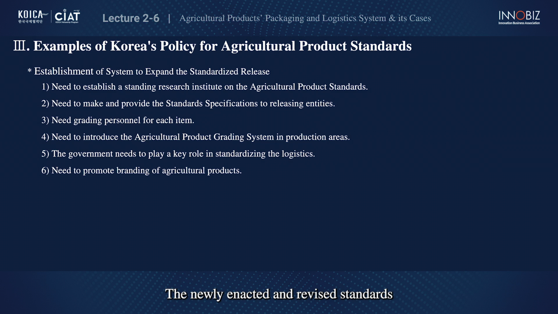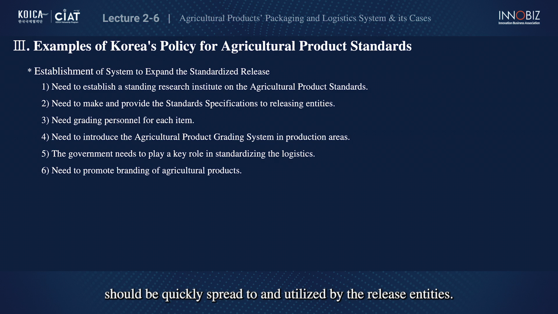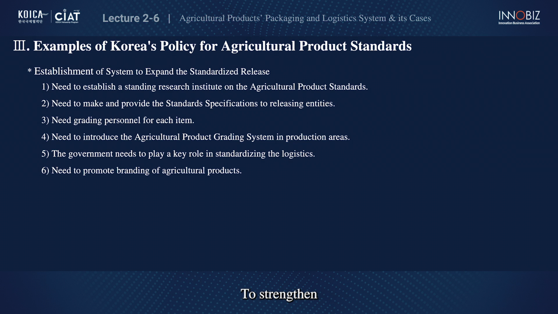The newly enacted and revised standards should be quickly spread to and utilized by the release entities. To this end, establishing a dedicated agency for agriculture distribution and management is efficient to strengthen the link with the market. You need to make and provide the standard specifications to releasing entities.